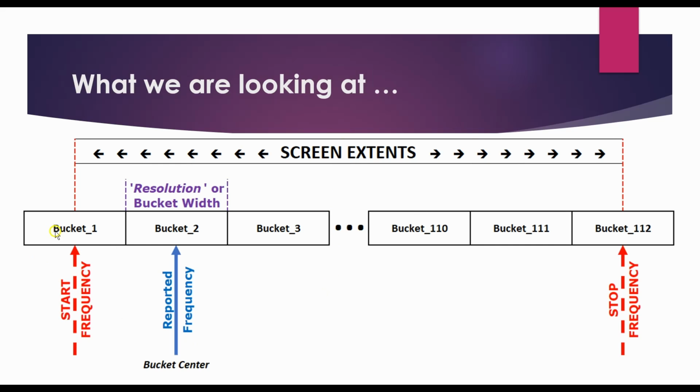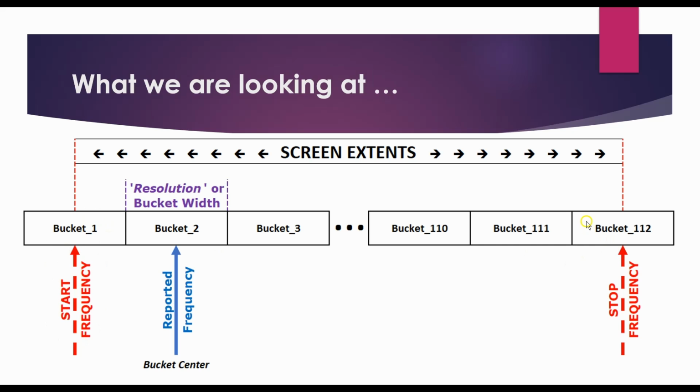We have 112 frequency buckets of the FFT. And notice that the first bucket is straddling the start frequency. So half of it is actually technically off the screen, and the other half of it is on the screen. So anything in here is going to be reported as the start frequency.